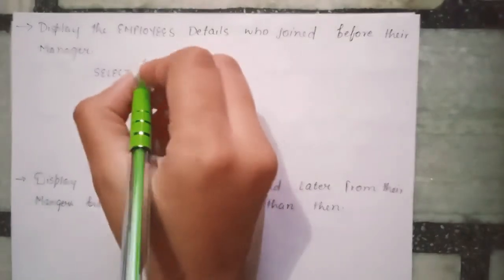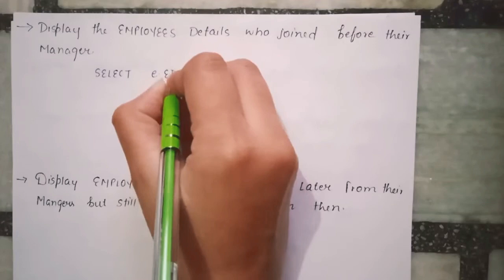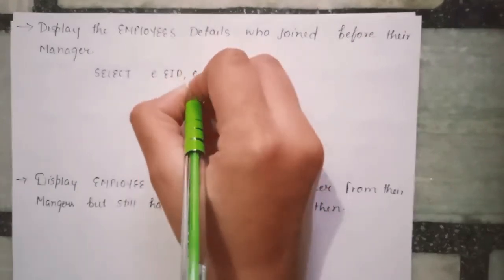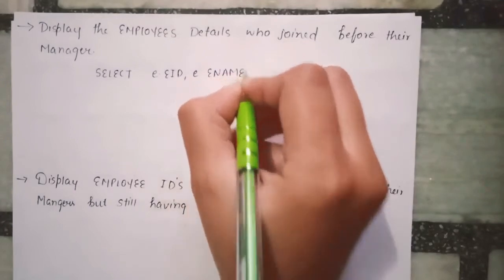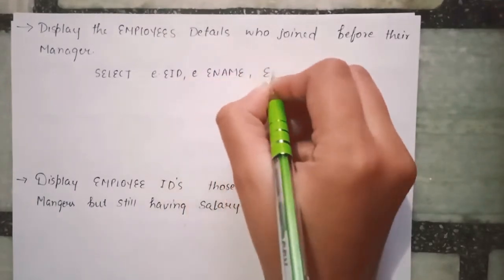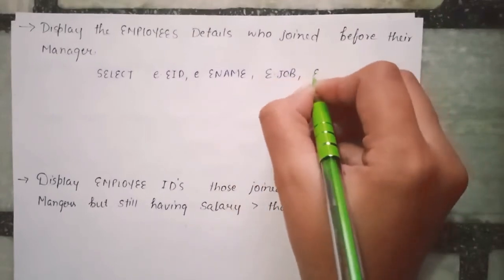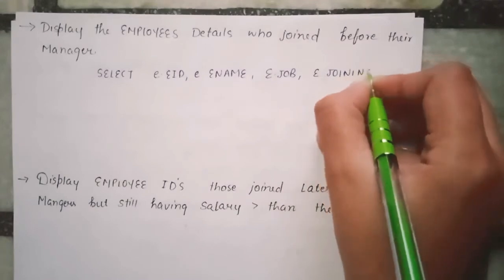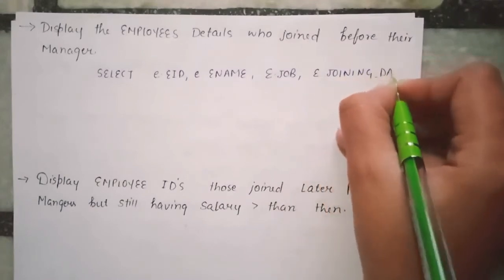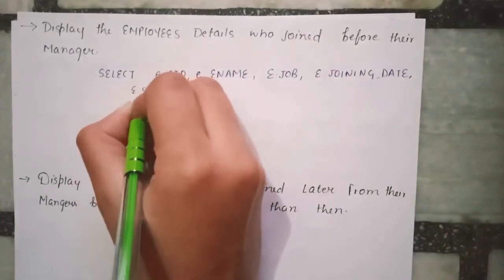So we want to select e dot employee id, e dot name, e dot job, then e dot joining date, and next is e dot salary.